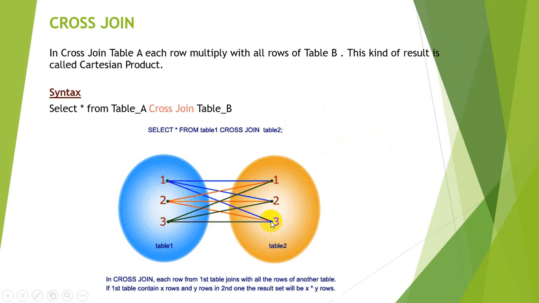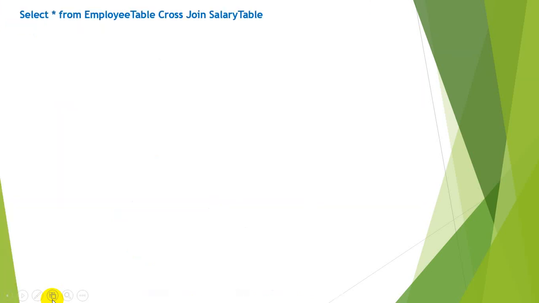So it will multiply with 3. Similarly, the second record will multiply with 1, with 2, and with 3. Each record of table 1 will be repeated with each and every row of the second table. In cross join, each row from the first table joins with all the rows of the other table. If the first table contains X rows and the second one Y rows, the result set will be X into Y rows.